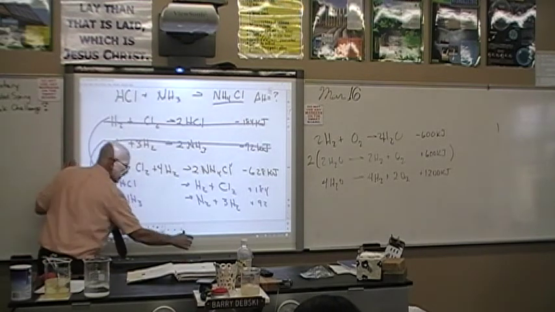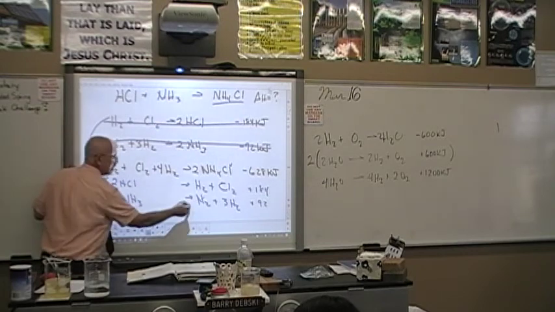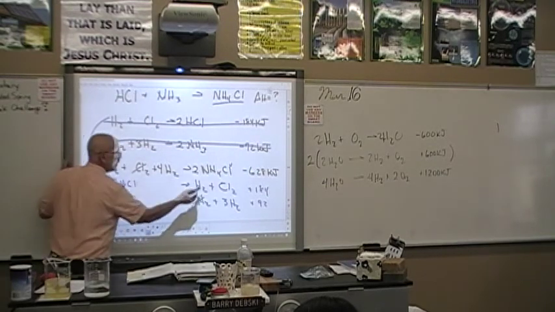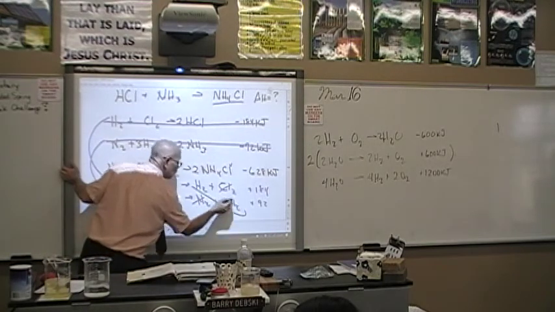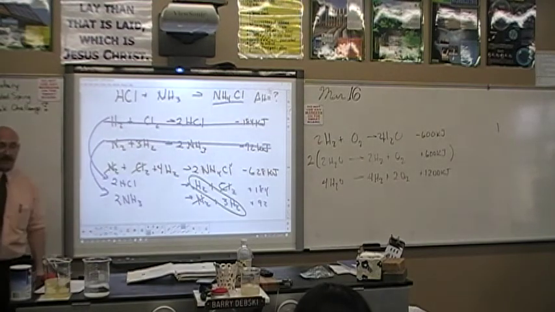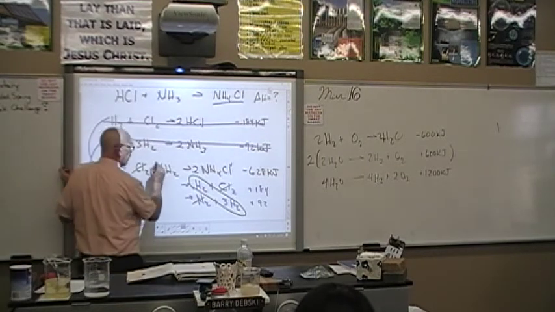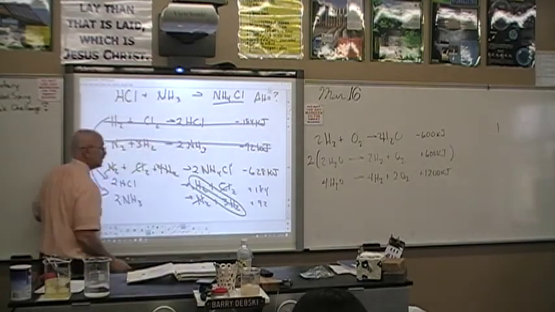So what cancels out? I got nitrogen, nitrogen. I got chlorine, chlorine. Nice. I got 4 H2s: 3x plus x, 4x, right? 4 hydrogens, 4 hydrogens.